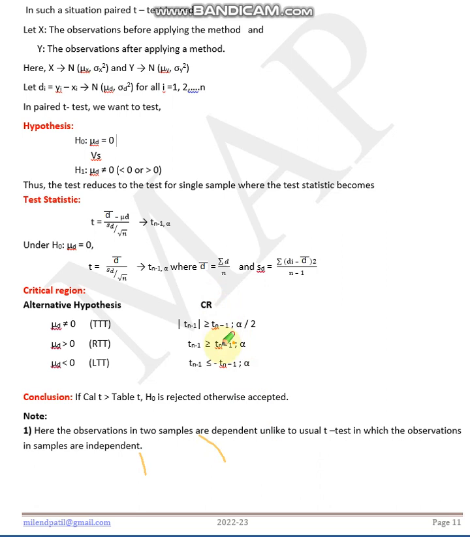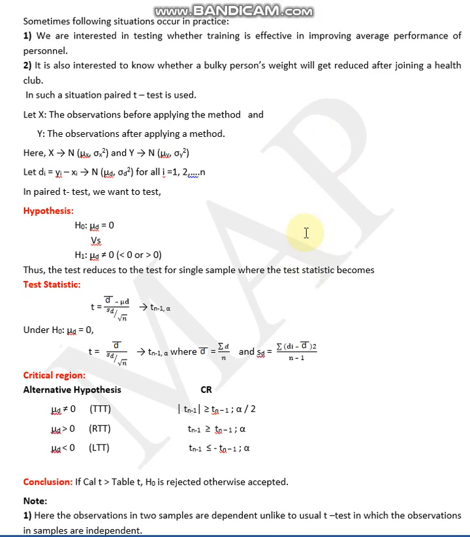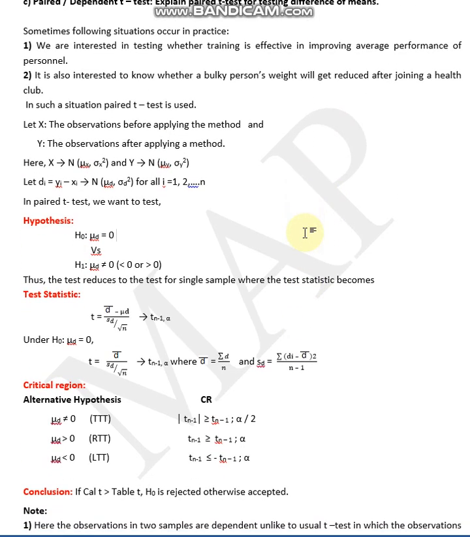Suppose X is one sample and Y is another sample, then these two samples are dependent on each other. What are the situations in which we can use this t-test? Suppose we are interested in testing whether training is effective in improving the average performance of the personnel.